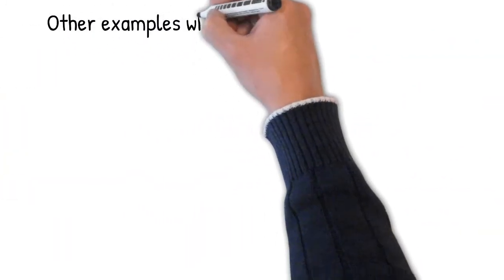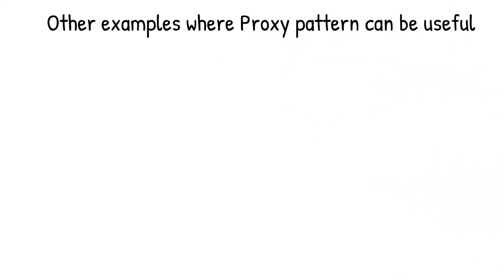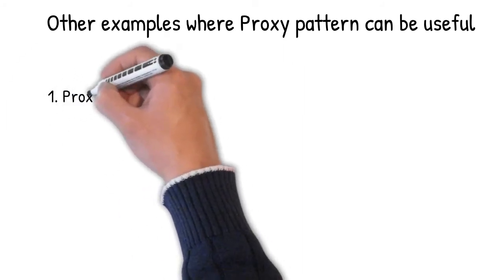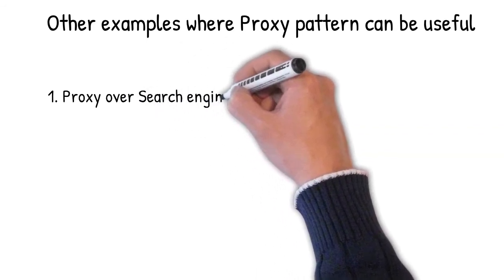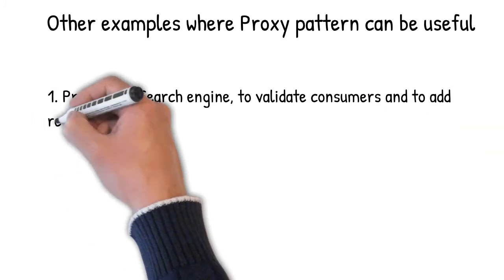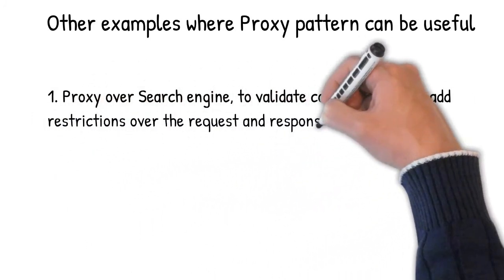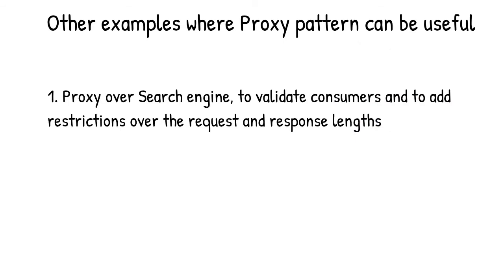Now also note down the other examples where proxy pattern can be useful. First one, proxy can be implemented on top of a search engine so as to validate the right consumers and also to add restrictions over the request and response lengths.